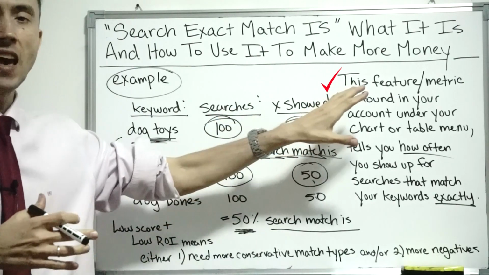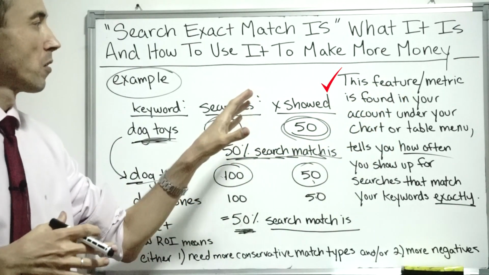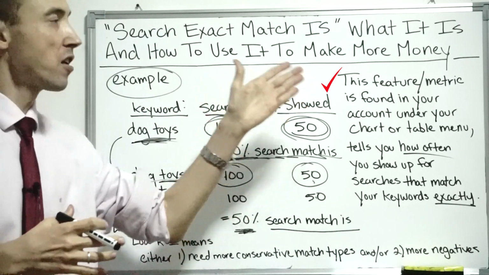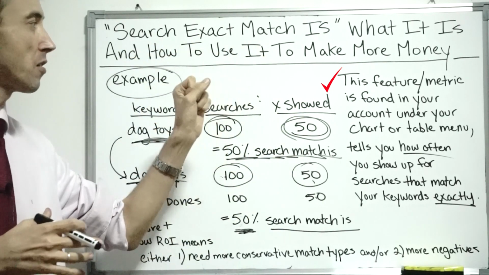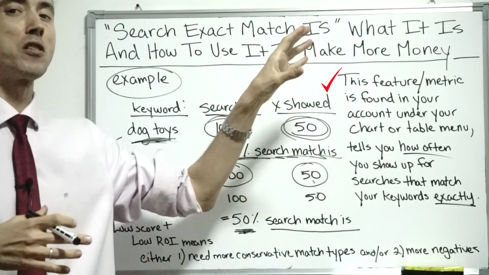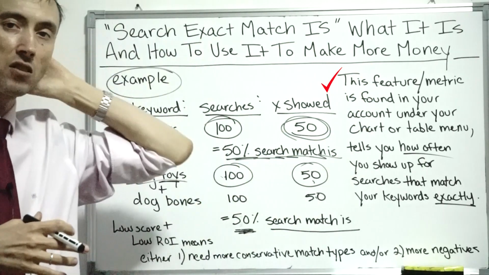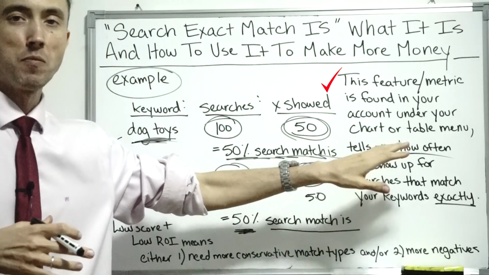So with that said, getting into the content here, if you wanted to know where you find this, this is a metric that you can see in your charts menu inside Google Ads or under the table menu.